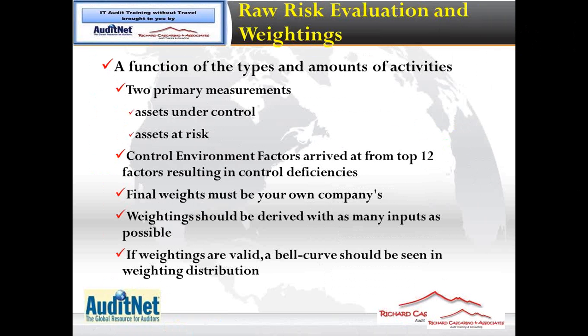What is the value of assets under control? And what is the value of assets at risk? Okay, so we know which ones are supposedly under control and which ones are not going to be covered by those controls. So it's not company policy to have armed outriders beside our armoured cars. So there's a risk in that area.